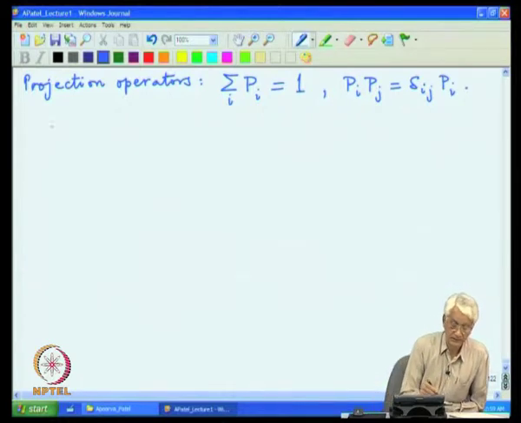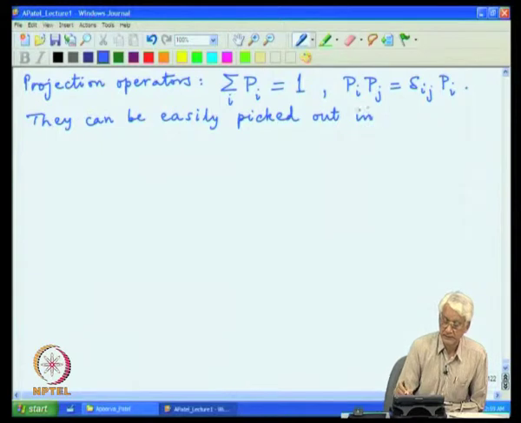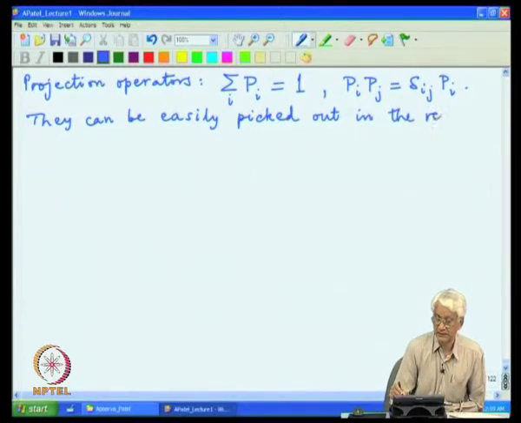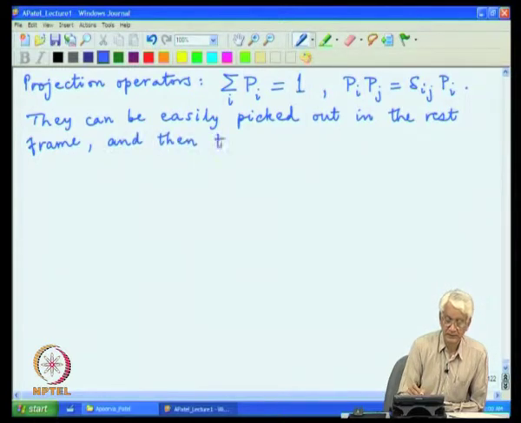Again, they can be easily picked out in the rest frame, where we had nothing but ones and zeros, and then we can transform them to arbitrary Lorentz frame by using Lorentz covariance.